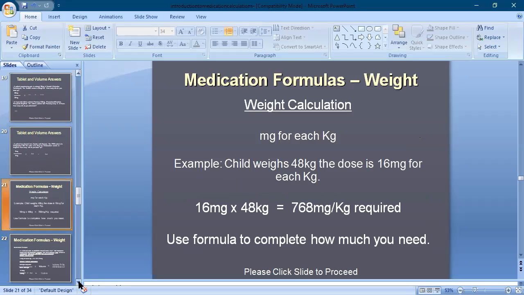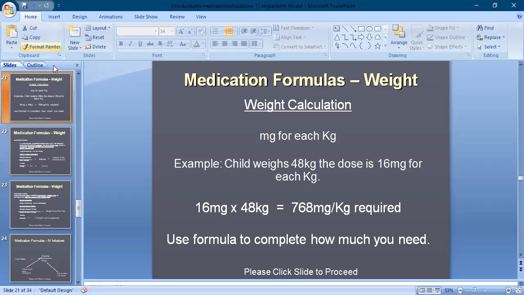Now go to another. It is very important. You have to know the medication formula by weight calculation. So milligram for each kilogram. Like I said, 5 milligram per kg body weight.